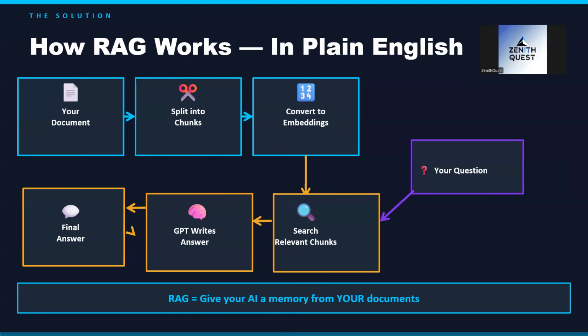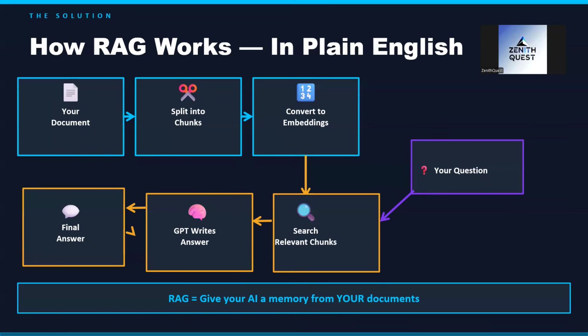And step four, these embeddings get stored in FAISS, a super fast search engine built by Meta, free and open source. Now when you ask a question, your question also gets converted into numbers. FAISS finds the chunks most similar to your question.